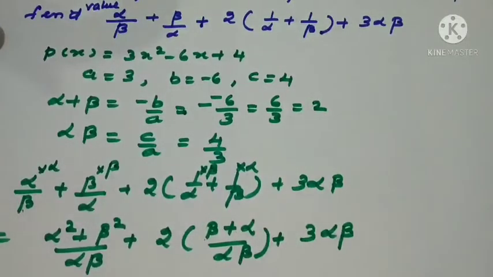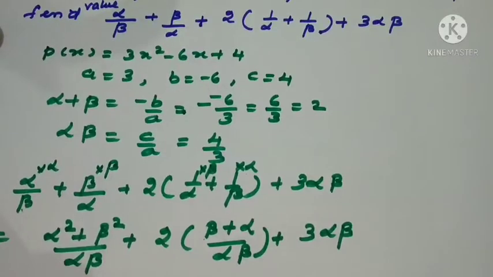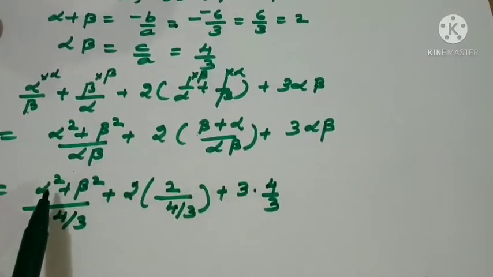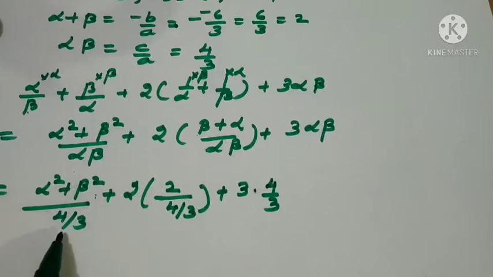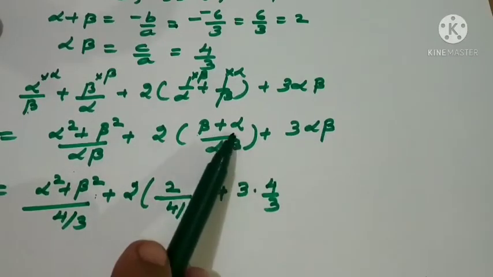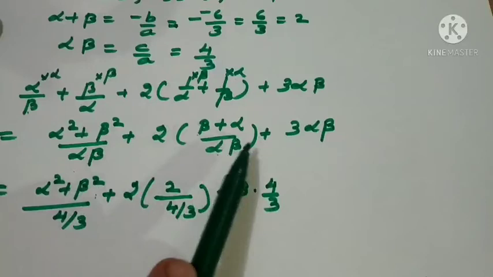Already we got the values, but for alpha square plus beta square we cannot write anything, so we'll continue like that. By alpha beta it is 4 by 3, plus 2 into, what is the sum of the zeros? That is 2, by 4 by 3, plus 3 into 4 by 3. We substitute the values. See, except alpha square plus beta square, we got all the values because one is alpha plus beta, another one is alpha beta only.